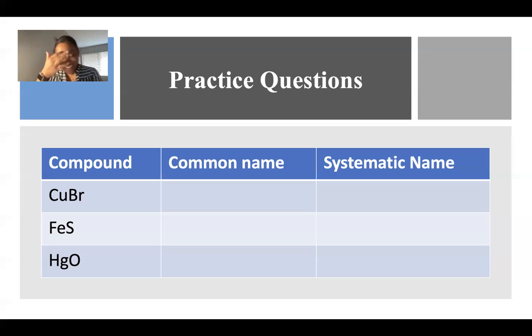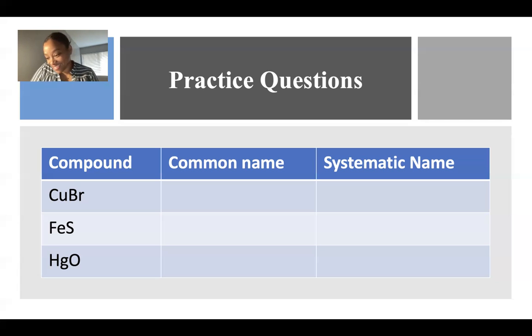So HgO, Hg is silver, right? Is it silver or what is it? Is it gold? Mercury. Mercury, right? Okay.